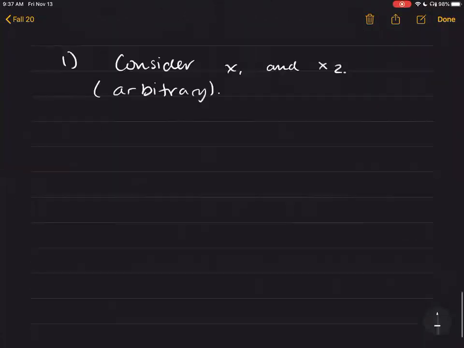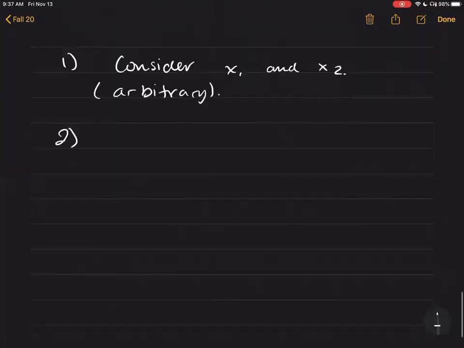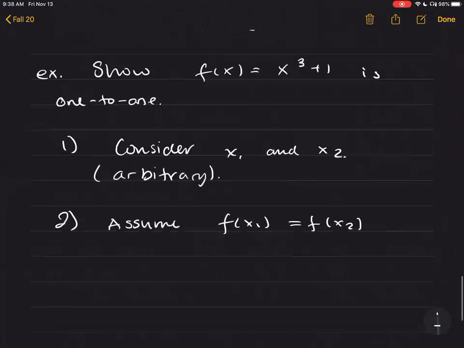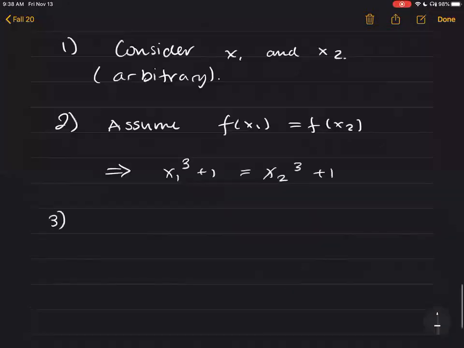Next, we assume f of x1 equals f of x2. And since f here is x cubed plus 1, that means we've got x1 cubed plus 1 equals x2 cubed plus 1. And now the third step is solve.